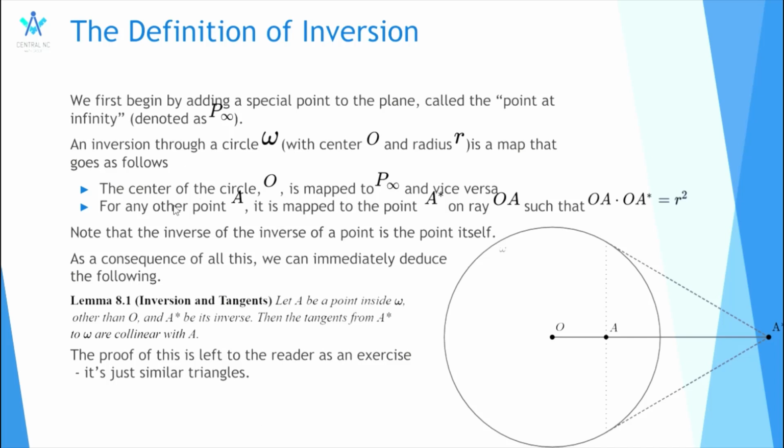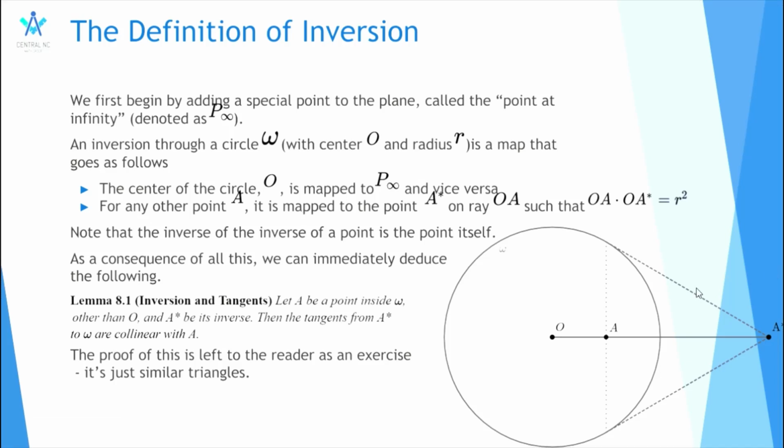The center of the circle, O, is mapped to the point at infinity, and vice versa: the point at infinity gets mapped to O. Any other point A is mapped to a point A prime on ray OA, so that the distance OA times the distance OA prime is equal to the radius squared.